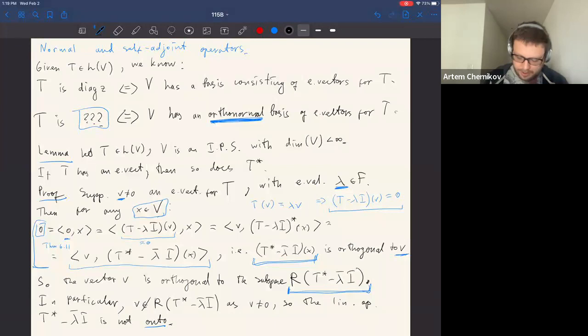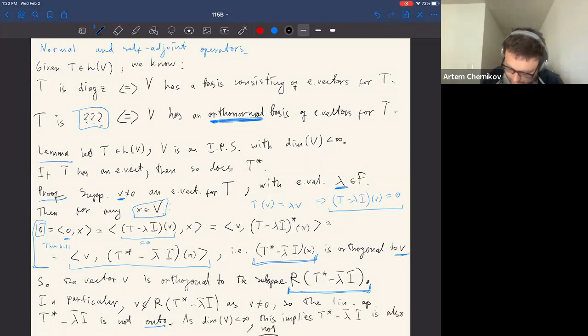But now, because the dimension of V is finite, this implies that this operator is also not one-to-one. So T star minus lambda bar I is not one-to-one.